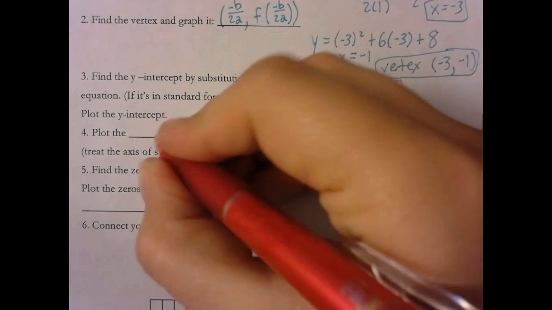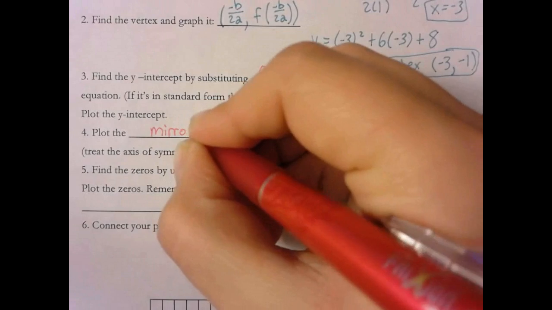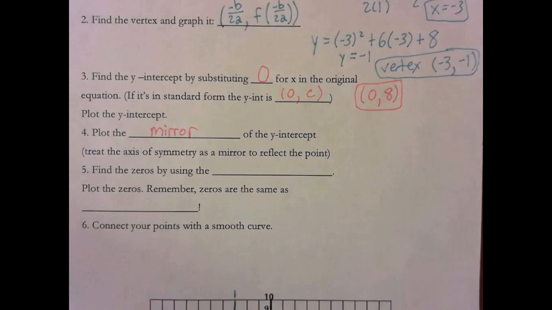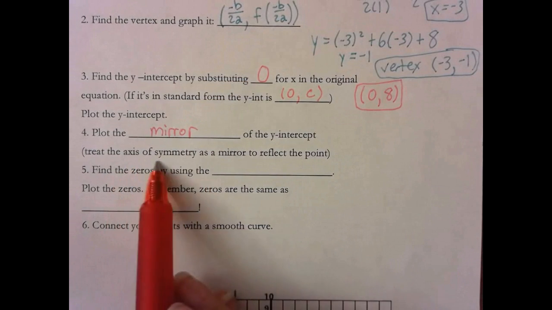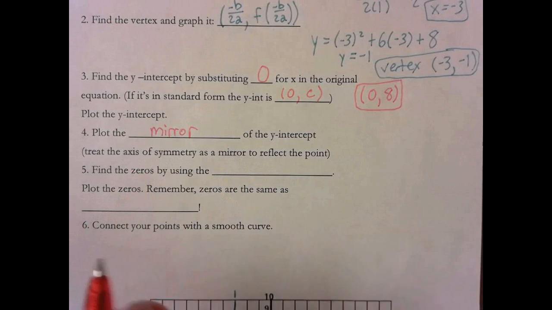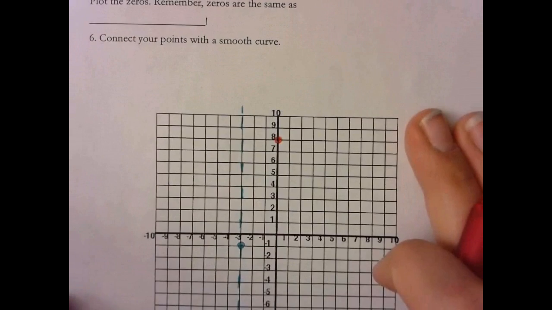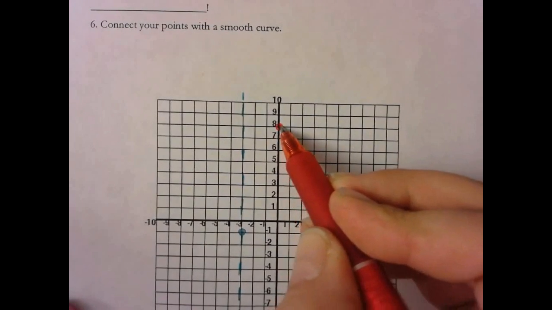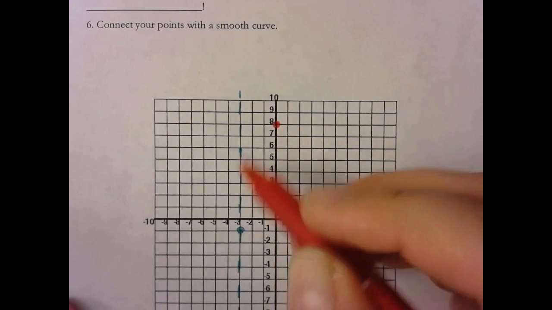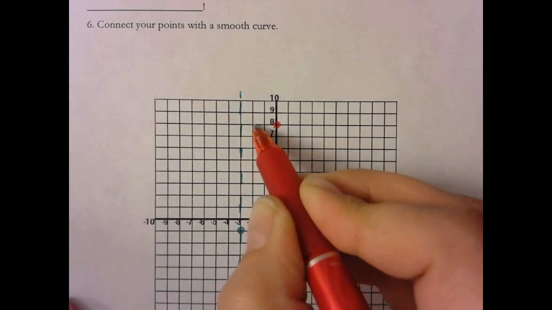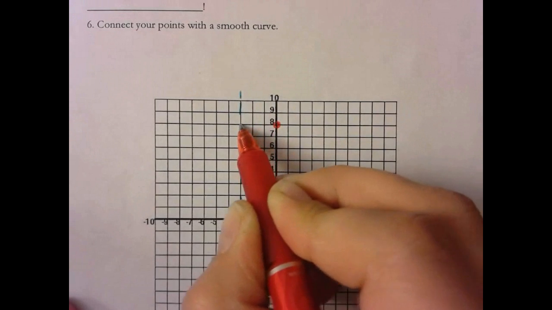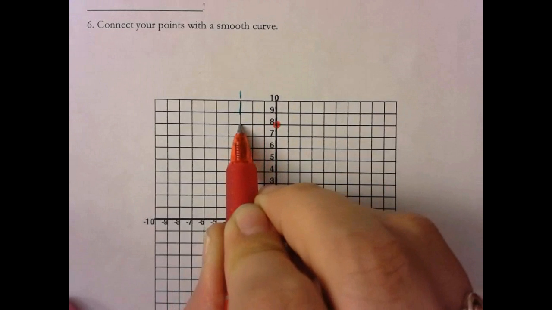Now we want to plot the mirror point of the y-intercept, which means we're going to treat that axis of symmetry like a mirror and reflect our y-intercept. Here's what I mean by that. Here's our y-intercept, here's our axis of symmetry. Notice our y-intercept is 3 units away from our axis of symmetry.